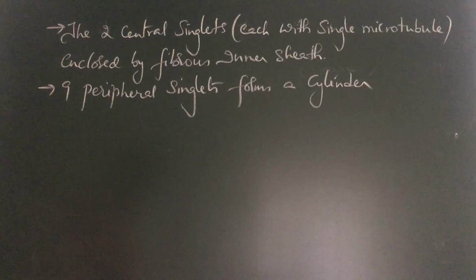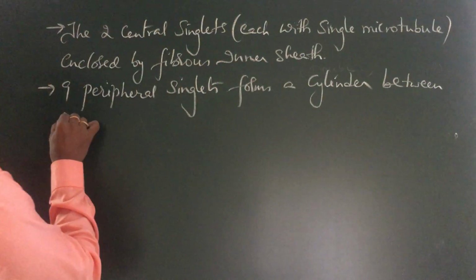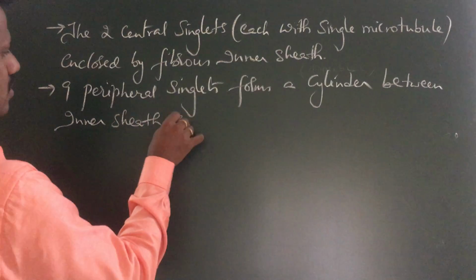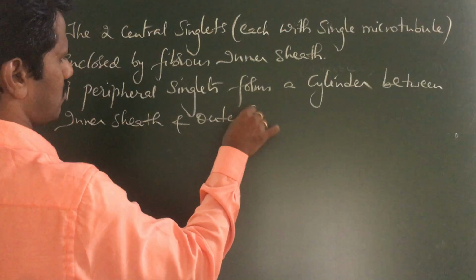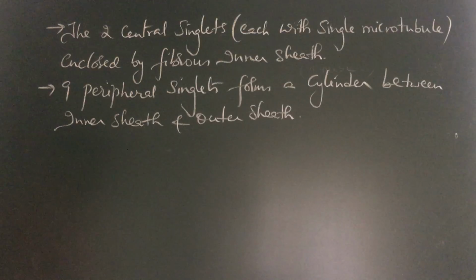You saw the peripheral structures now. They form a cylinder between the inner sheath and outer sheath.